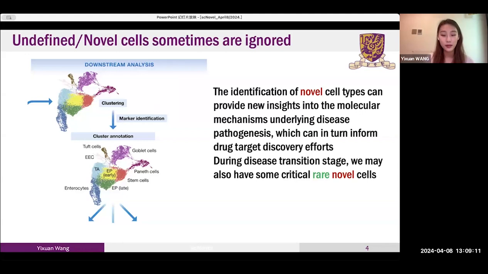The identification of novel cell types can also provide new insight into the molecular mechanisms underlying disease pathologies, which can in turn inform drug target discovery efforts. This is its relationship with the whole drug target discovery pipeline. Also, during disease transitional states, we may have more critical rare novel cell types spring up.